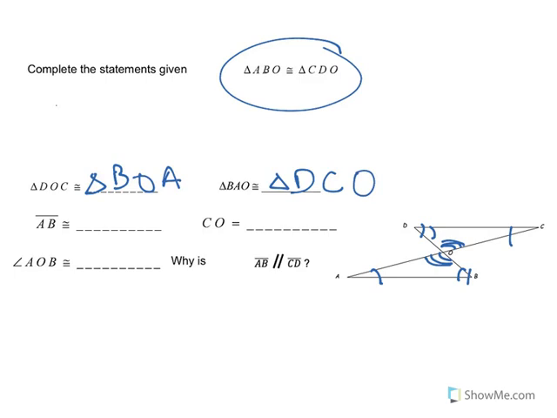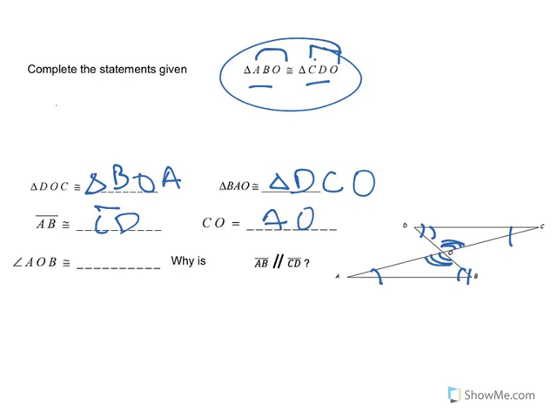Okay, so we see that the order is important. The statement: AB is to CD, and CO, so we're comparing CO to AO.